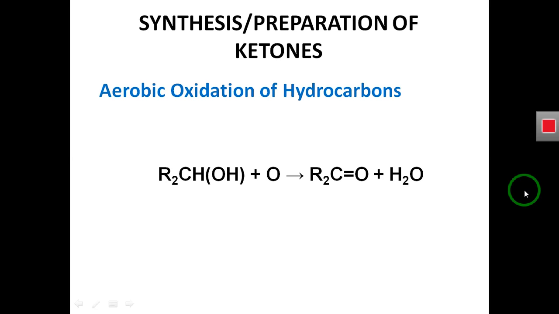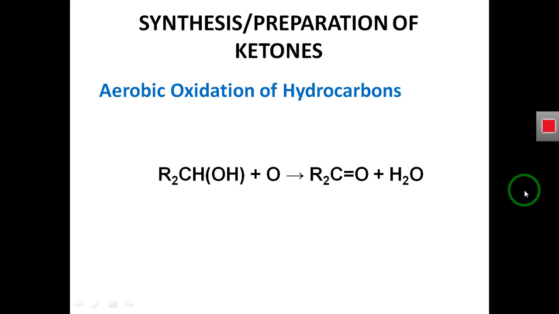Oxidize means when a molecule accepts or adds oxygen to itself, so we call this process oxidation. And this oxygen comes from the air. So aerobic oxidation is the process in which oxygen is added to an organic molecule.